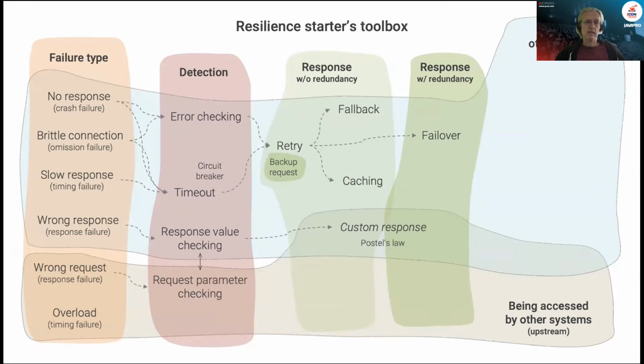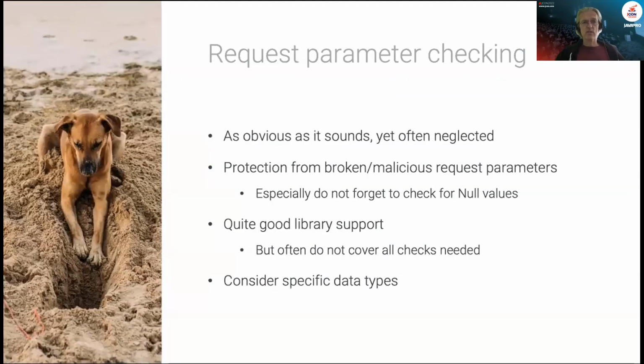Yeah, it's the same thing as the response value checking. So even the slide is the same, actually. And just to be clear, if everyone would get their request parameter checking right, 95% of all security vulnerabilities would be gone instantaneously. So it makes a lot of sense to do good request parameter checking and implement that.